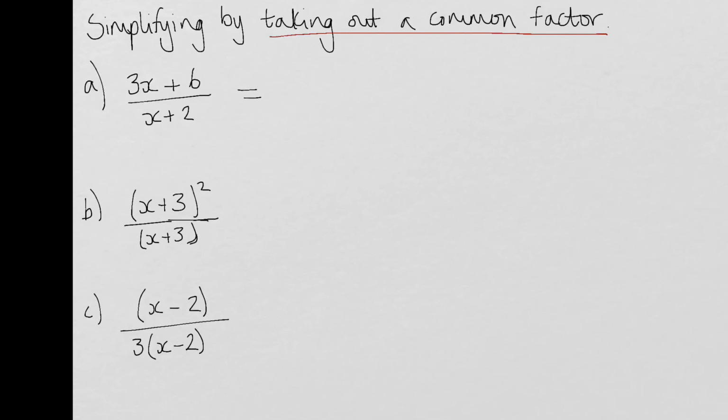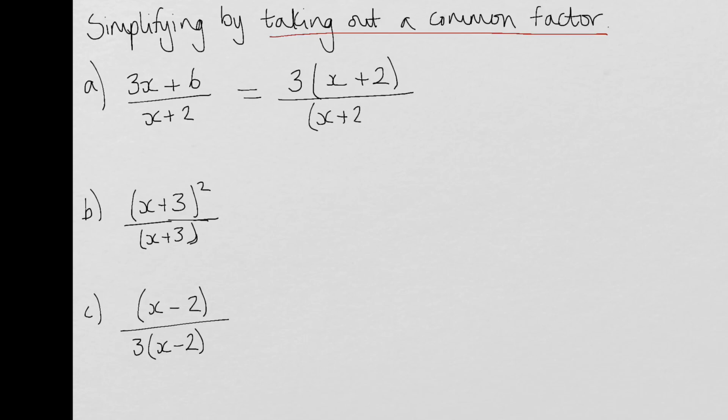But what you actually need to do for this one is start by taking out the common factor in the top row. What I mean by that is if I were to factorise in the top, if I took out a factor of 3, I'd have to multiply that by x to get 3x, and I'd have to multiply that by plus 2 to get the 6.